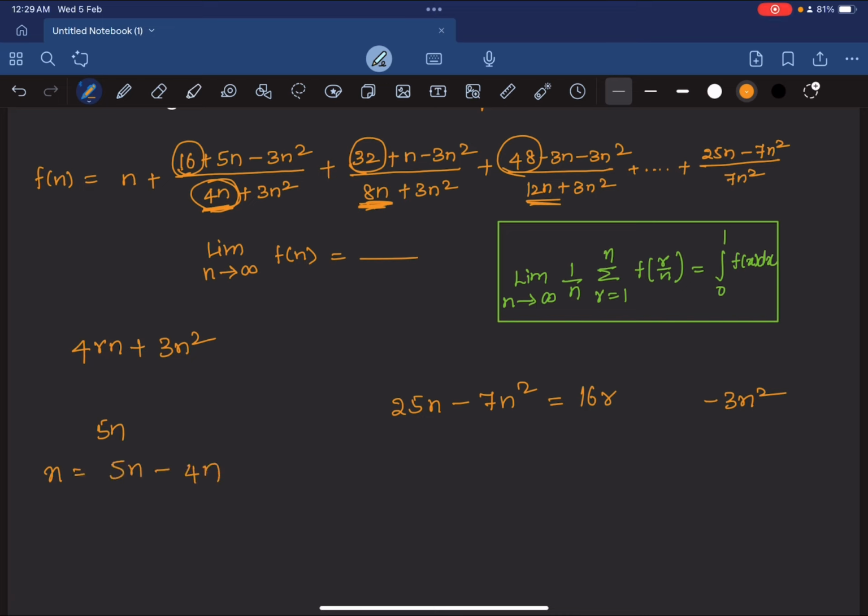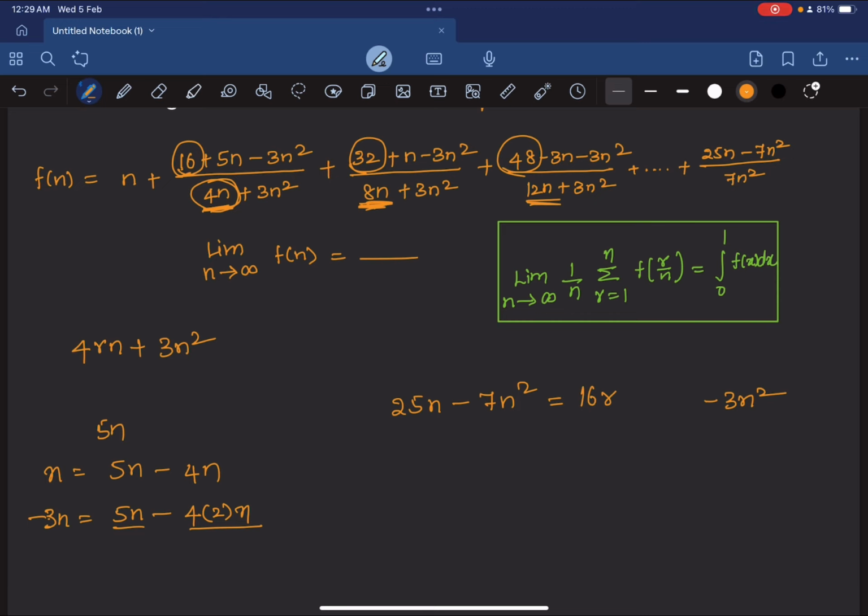The third term is minus 3n, and this minus 3n can be written as 5n minus 4 into 2 into n. So this is 5n, this is 8n, and 5n minus 8n is minus 3n.